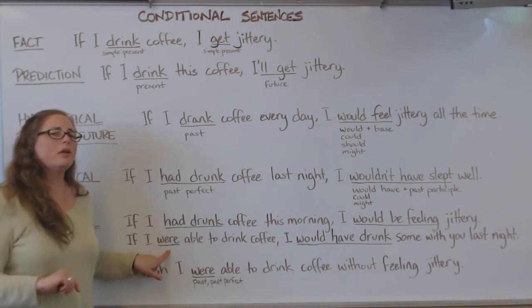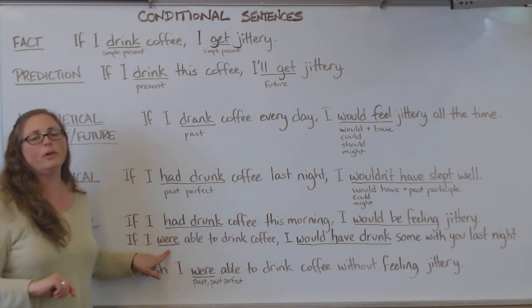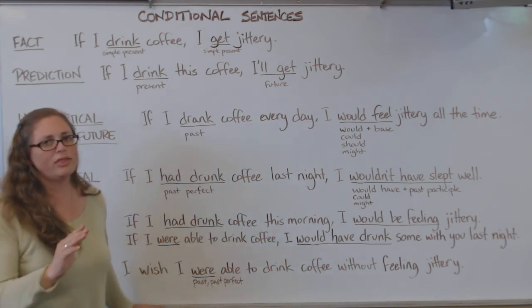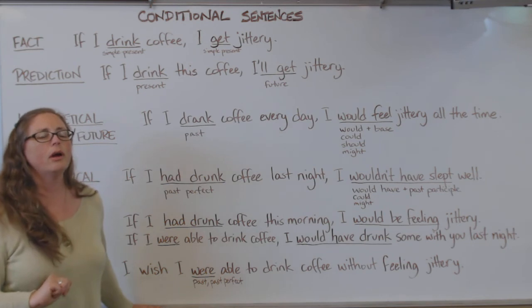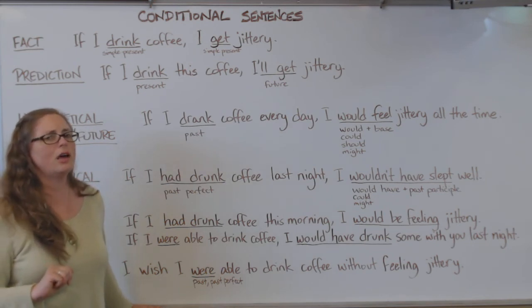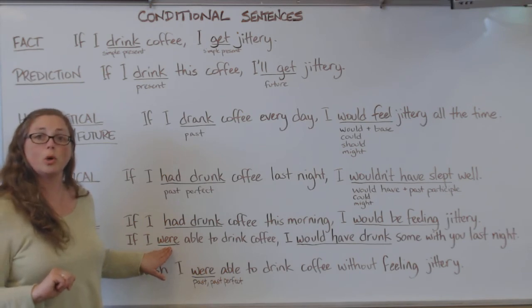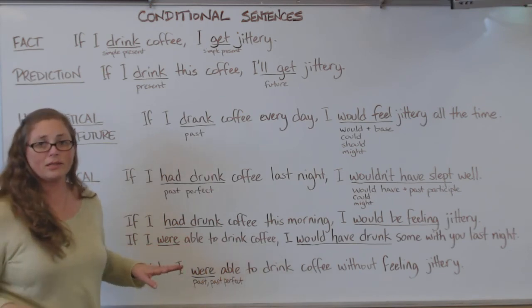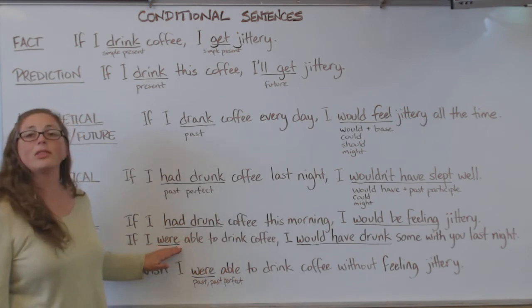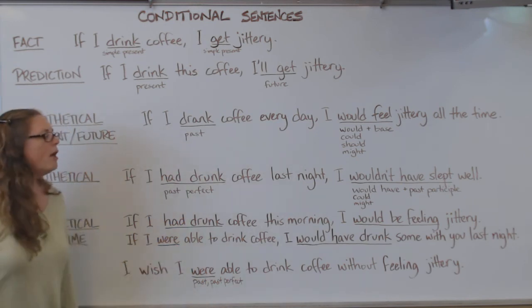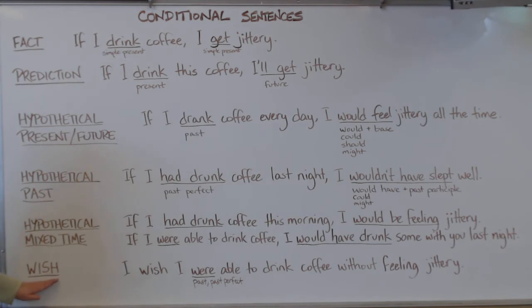It is possible you will hear people using was, if I was, but most grammar books will tell you that that is not good grammar. Most grammarians will tell you it's not good grammar. So the best thing to do is to use were for all subjects if you're talking about the be verb in hypothetical conditional.